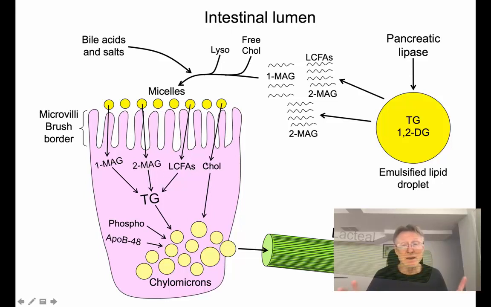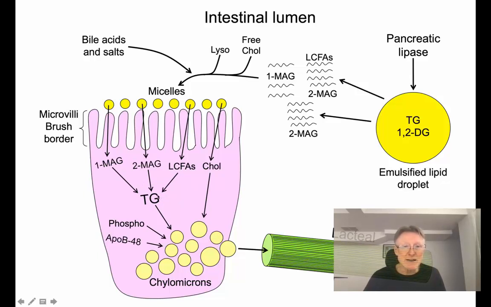Now what your enterocyte does here is, we broke apart all these big, large molecules, the triglycerides, to form these smaller molecules that can actually cross and enter the enterocyte. So now, inside of the enterocytes, they are put together in a structure called chylomicrons, where you combine 1-MAG, 2-MAGs, and long chain fatty acids, and you make them back into triglycerides, or triacylglycerol molecules.